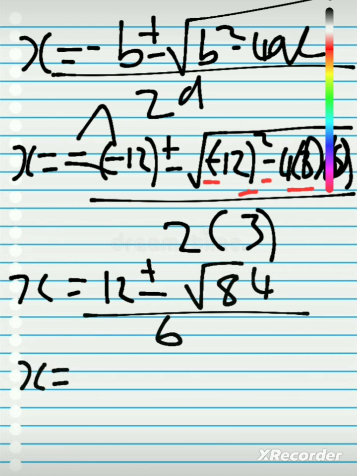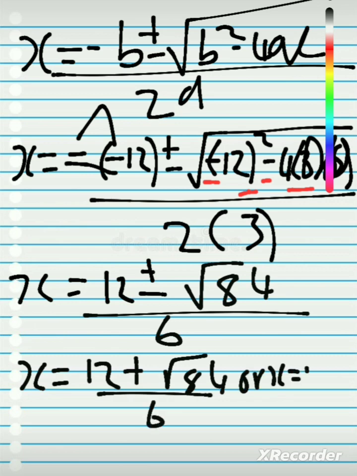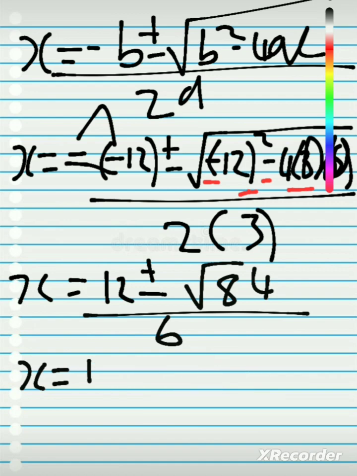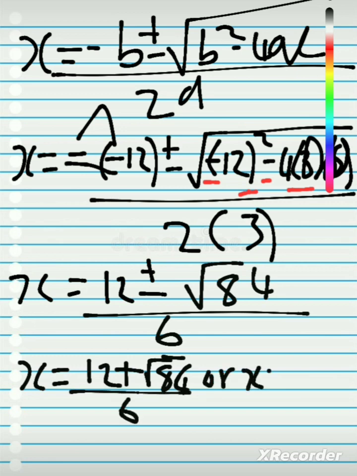This means that x is equal to 12 plus square root of 84 over 6, or x is equal to 12 minus square root of 84 over 6. Okay, I just want it to be visible. So it's going to be 12 plus square root of 84 over 6, or x is equal to 12 minus square root of 84 over 6.